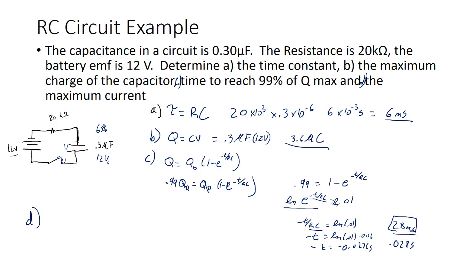This is essentially a short circuit at the beginning because these plates act like charge reservoirs, and so all we have to do to get that is use Ohm's law, V equals IR, and so we'll use our 12 volts and we have I, and R is our 20,000, so 12 divided by 20,000 gets us a peak current of 0.0006 amps. Make sure I did that right. 12 divided by 20,000, yeah, 0.0006 amps. So not a whole lot of current there.